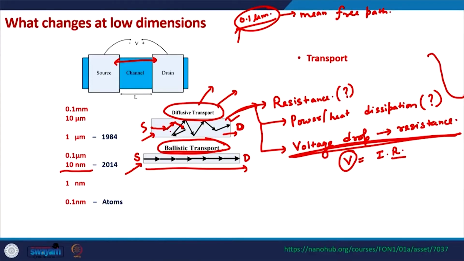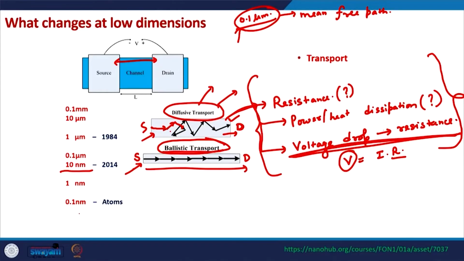We will try to ask these basic questions: what is the resistance, what is the power drop, what is the heat dissipation, what is the voltage drop in nanoscale or mesoscopic devices where the channel length is a few tens of nanometers. Okay.